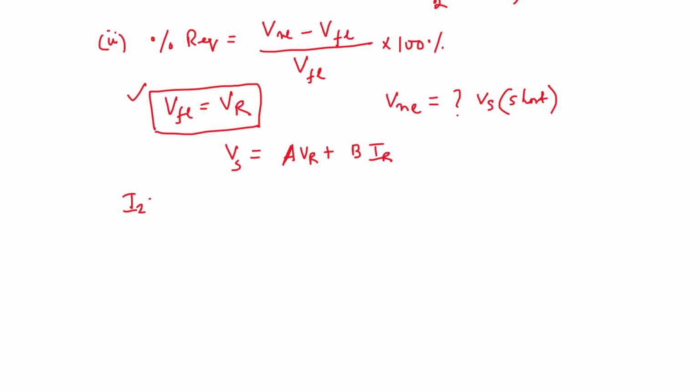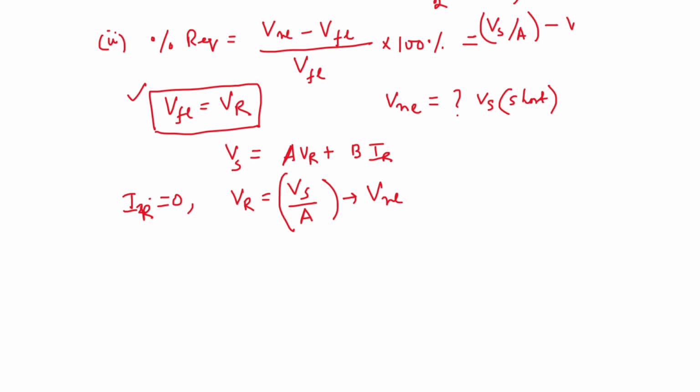So putting IR equal to 0, we have VR equal to Vs by A. So in medium or long transmission line, no load voltage is equal to Vs by A. So in the percentage regulation formula, we shall use V no load as Vs by A minus VR, by VR.